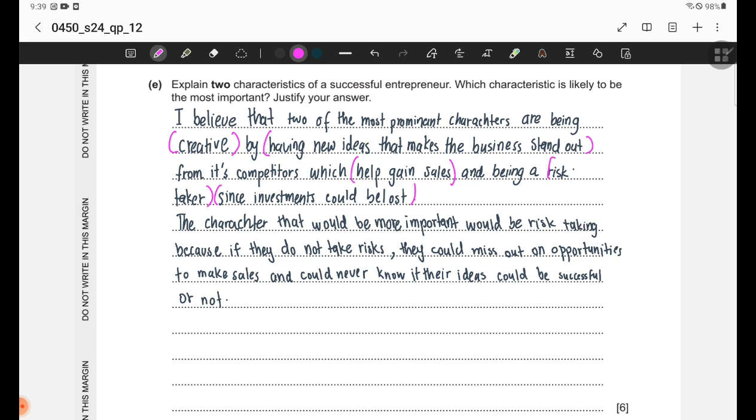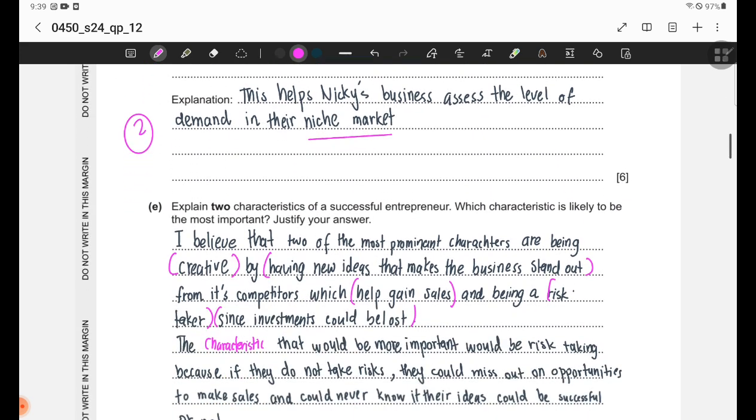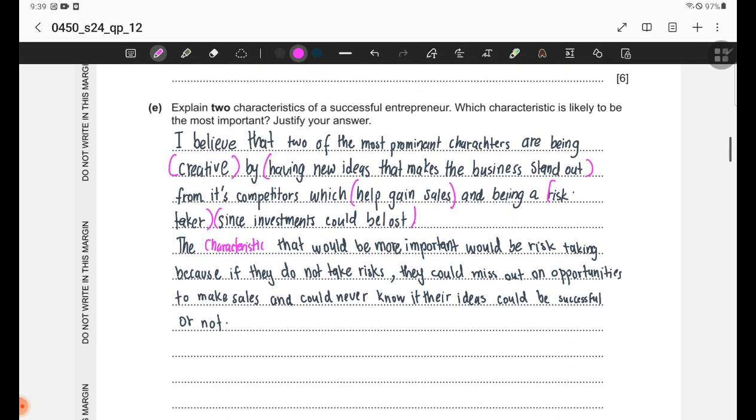Now for the justification, and also when I'm choosing which one is most likely to be more important. So the characteristic, sorry, I have not written it all. Okay, that would be more important would be risk taking. Okay, so this is my choice.